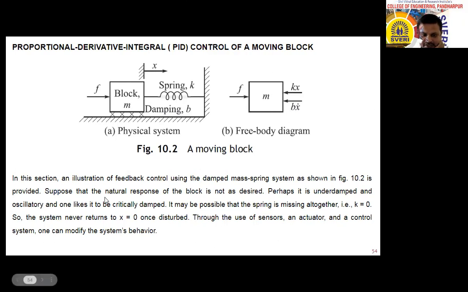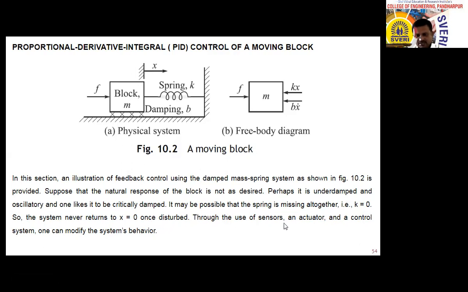Suppose that the natural response of the block is not as desired. Perhaps it is underdamped and oscillatory, and one would like it to be critically damped. It may be possible that the spring is missing altogether, that is, K is equal to 0, so the system never returns to x equal to 0 once disturbed.